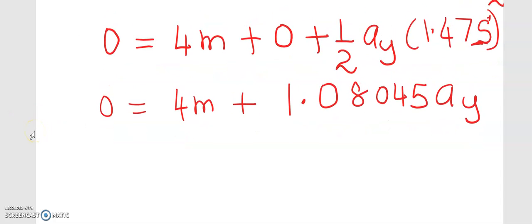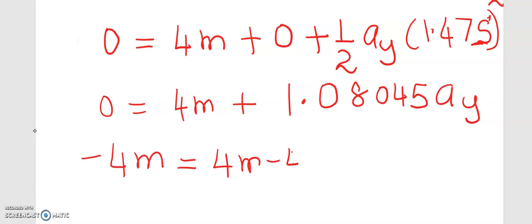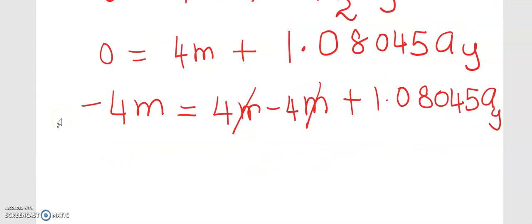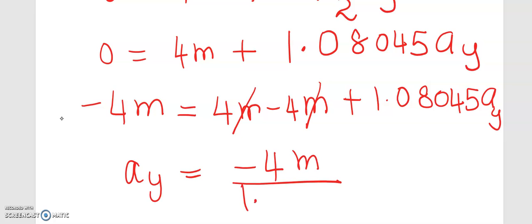I'm trying to solve for a_y, so I have to separate it on one side. Subtract 4 meters from both sides of the equation. And if I do that, I get a_y is equal to negative 4 meters divided by 1.08045.